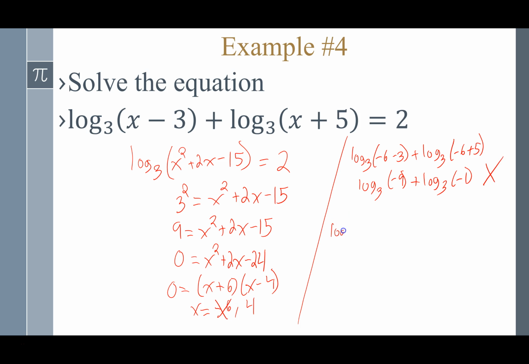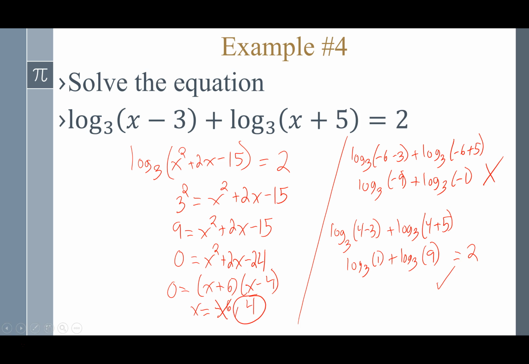So if we then try log base 3 of 4 minus 3 plus log base 3 of 4 plus 5, we get log base 3 of 1 plus log base 3 of 9. And that does equal 2 because log base 3 of 1 is 0. Log of any base of 1 is always 0. And log base 3 of 9 is 2 because 3 squared is 9. So that's okay.